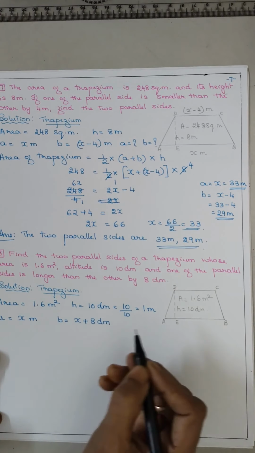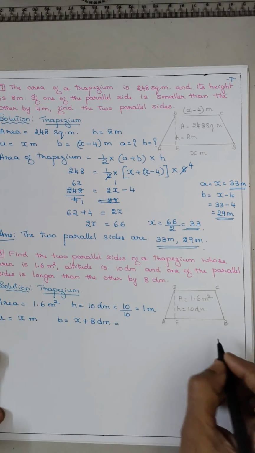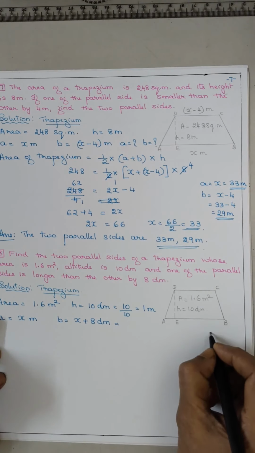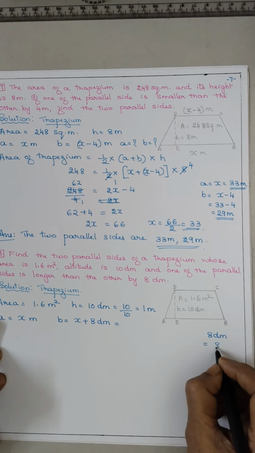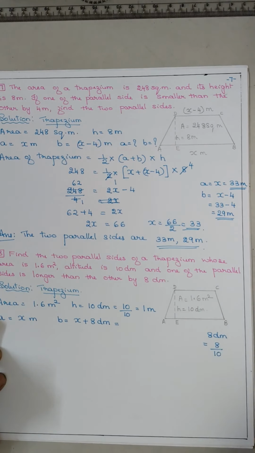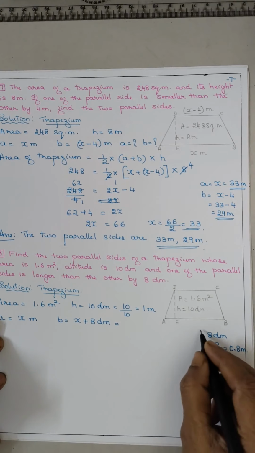Convert 8 dm into meter. So it will be how much? 8 dm, when you convert, it will be 8 by 10 meter. So 8 by 10 is 0.8 meter.